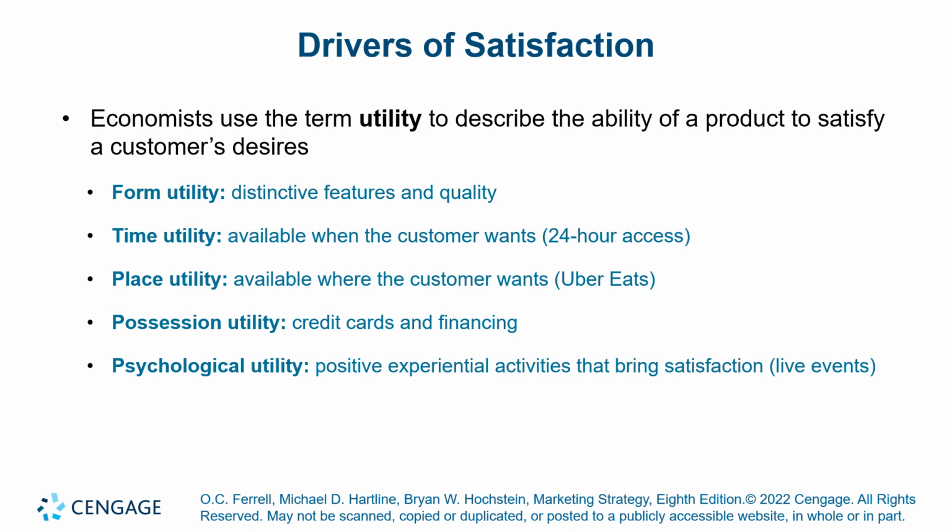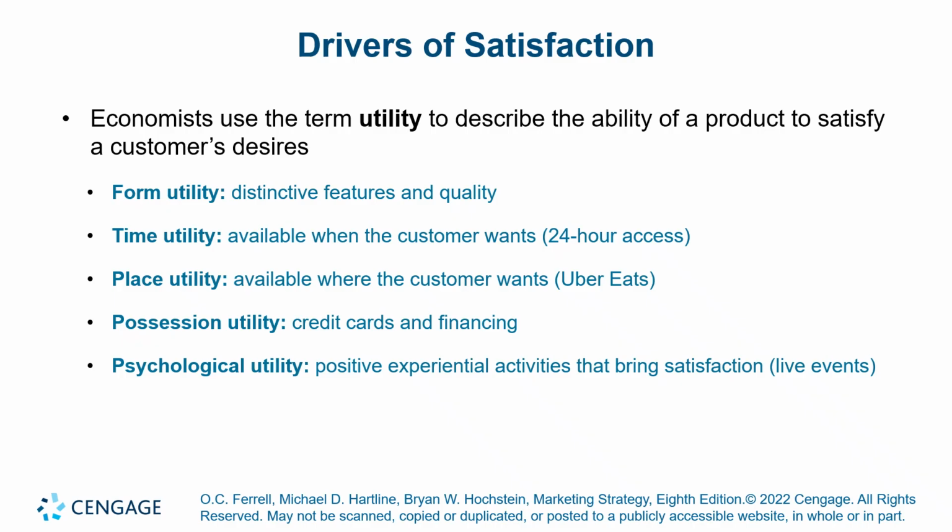Possession utility: credit cards and financing provide the credit so you can make the purchase and then own or possess the goods or services, the product. There's also psychological utility.